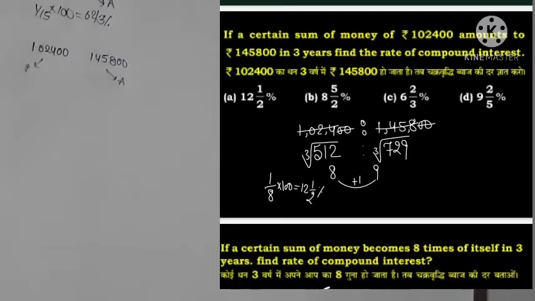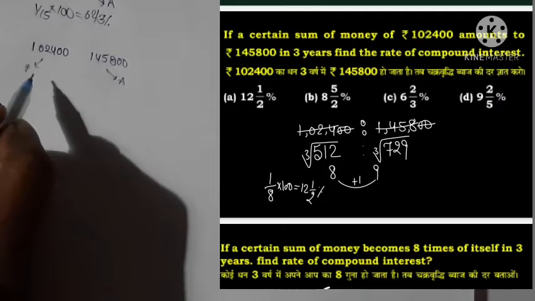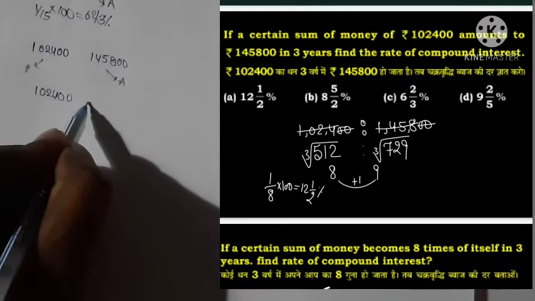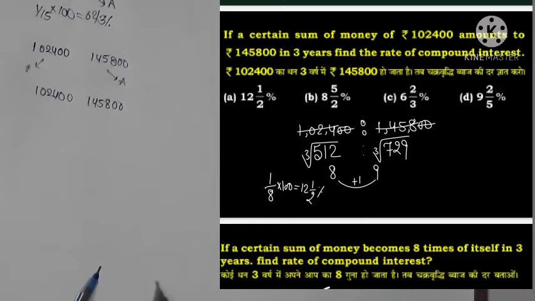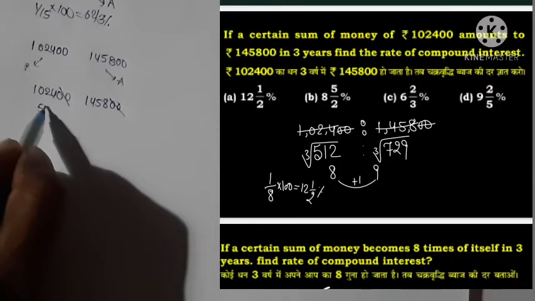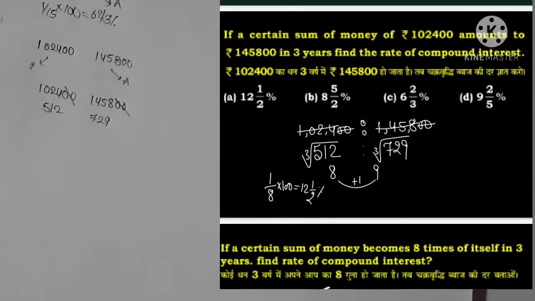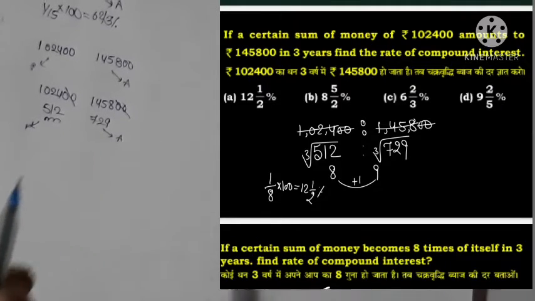So for the first year, the principal and amount are the cube root of 1,02,400 and the cube root of 1,45,800. It's better to cancel 2 zeros: 512, 729. So after 3 years, the principal is 512 and the amount is 729.